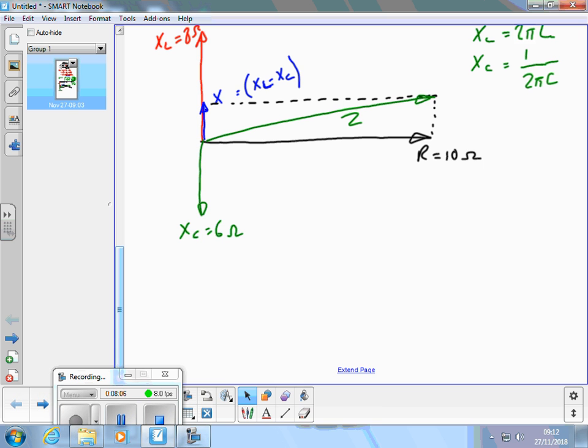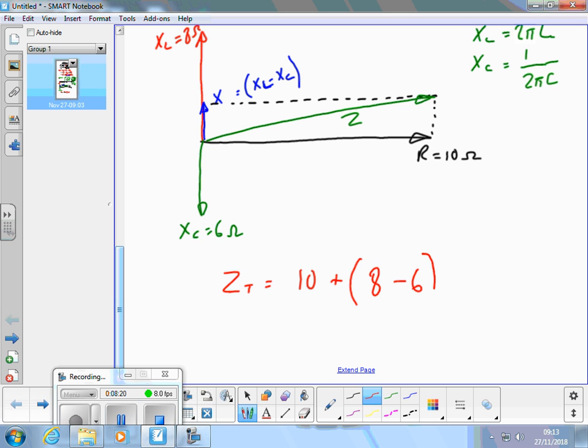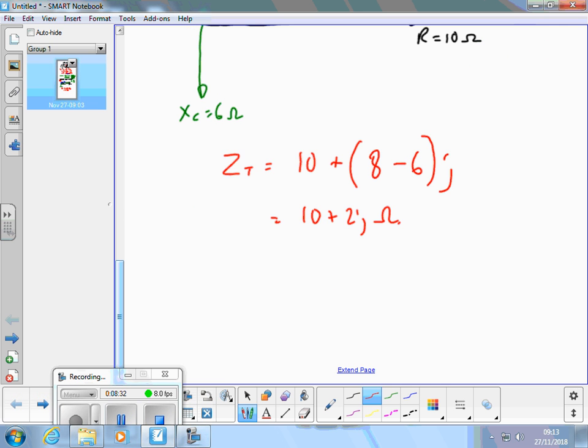So we can calculate ZT as being equal to R, which was 10 ohms, plus, we open our brackets, XL is 8 ohms, minus 6j. So that's 10 plus 2j ohms. If we're going to calculate the current, we need that in what form?